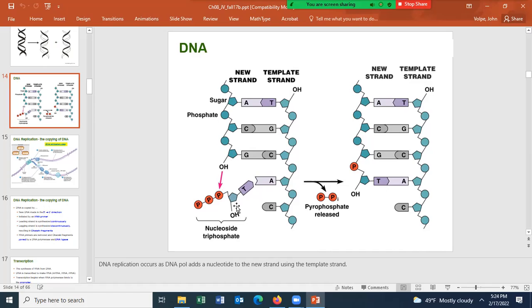And the DNA is put down on the new strand in the opposite way as the old strand, meaning this strand is going this way, this strand is going that way. And then the double strand is not covalently linked. It's only linked at the nucleotides by hydrogen bonds.